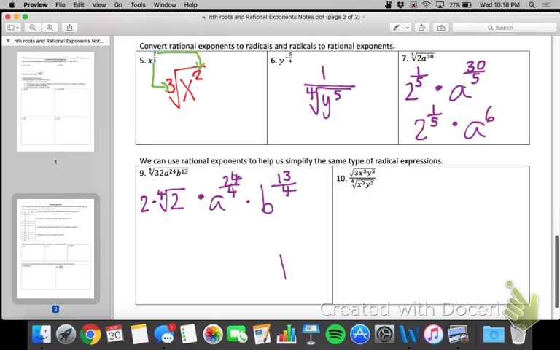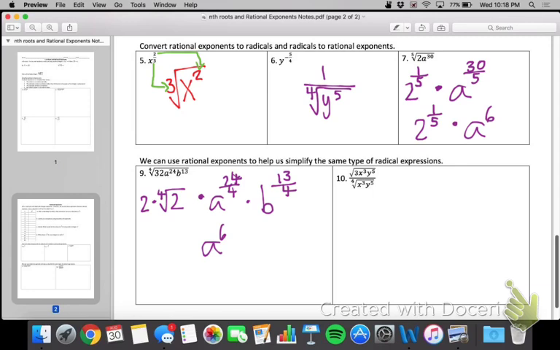So 24 divided by 4 is 6, so this part becomes a to the 6th power. And then, since 13 divided by 4 isn't a whole number, we divide and take the remainder.